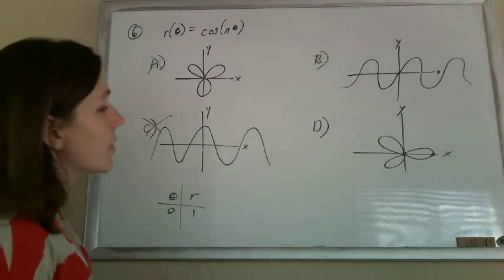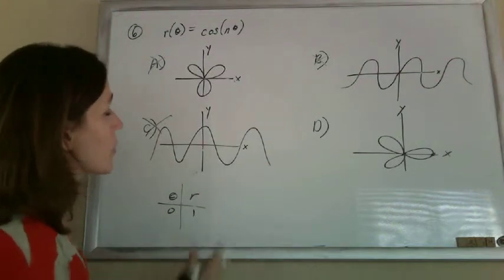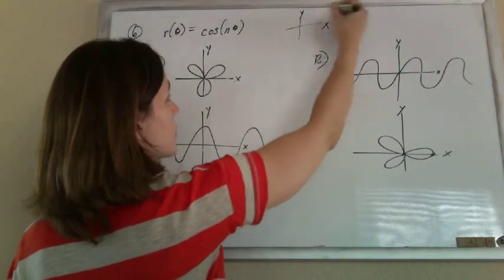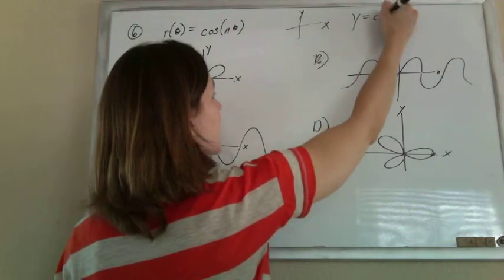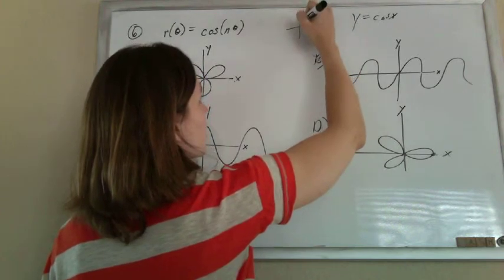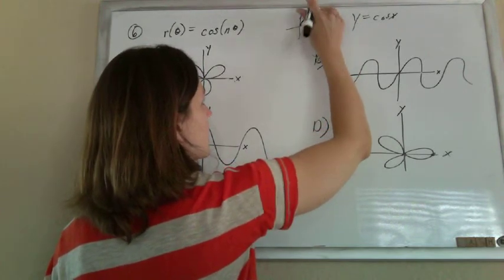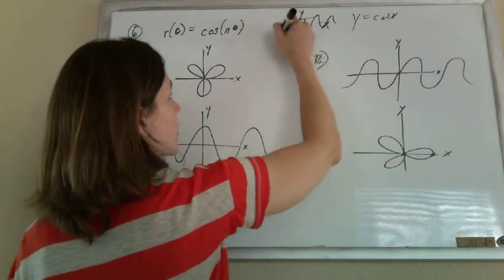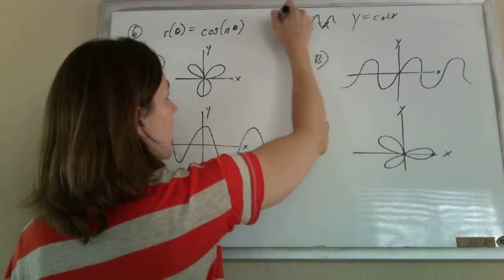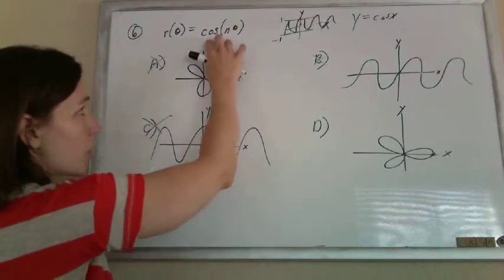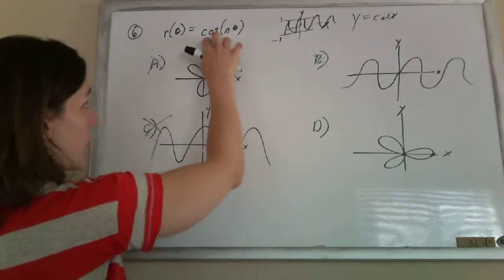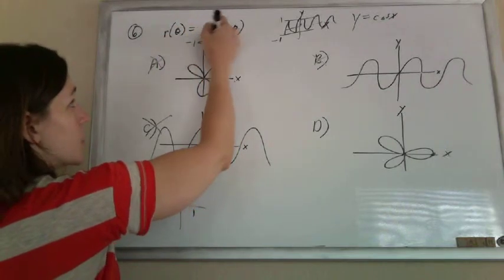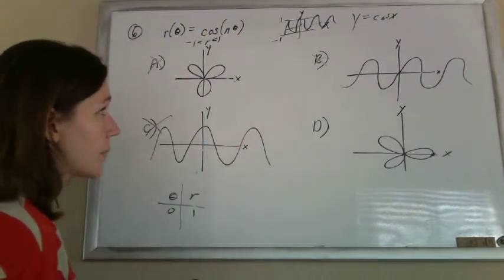Bunches of other ways you can think of it. Remember that your cosine, a normal graph with an x and a y of just y equals cosine of x, looks something like that. And the cosine values are always between positive 1 and negative 1. So the cosine of any angle should be between positive 1 and negative 1. So the radius should be between positive 1 and negative 1.